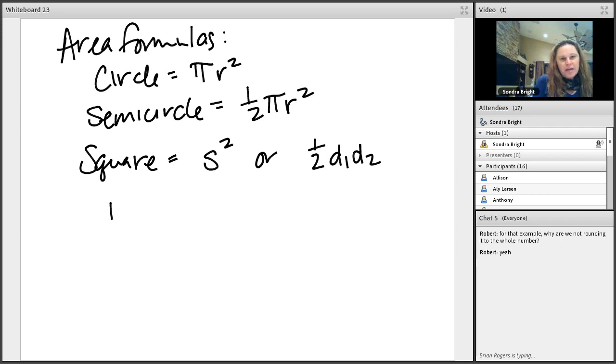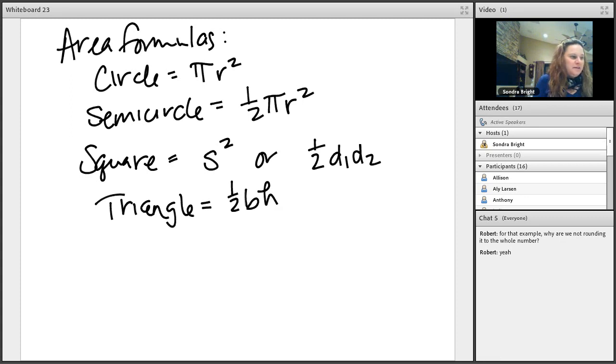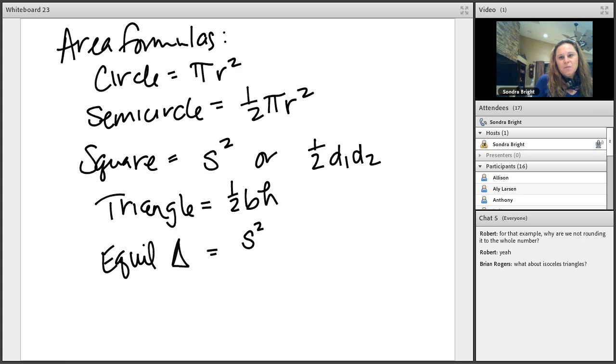And then any normal triangle is 1/2 base times height, but the equilateral one is that weird one, which is side squared times rad 3 over 4.